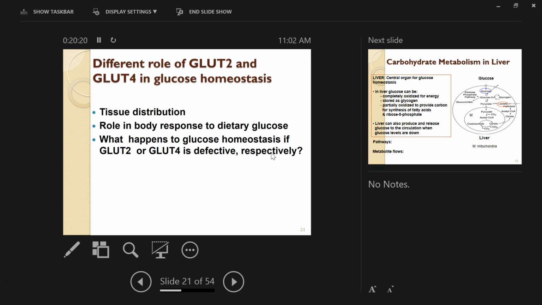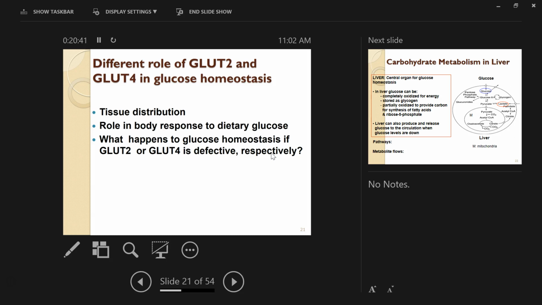They will not be able to produce a lot of insulin, right? Because of the lack of GLUT2, particularly in the beta cell, we're not able to transport a lot of glucose into the beta cell and trigger insulin secretion, right?